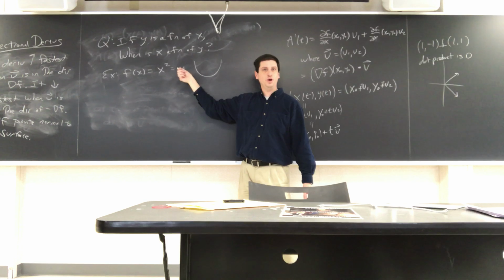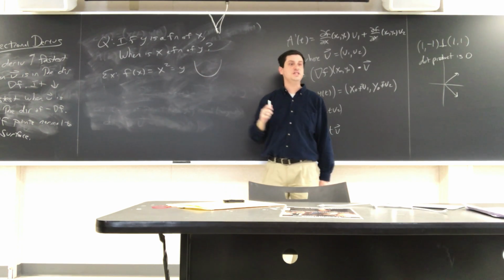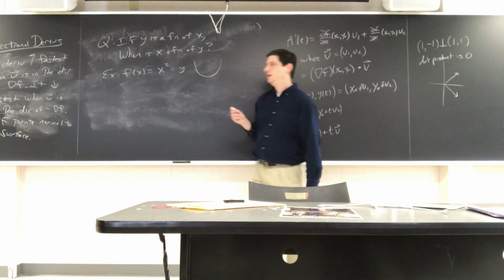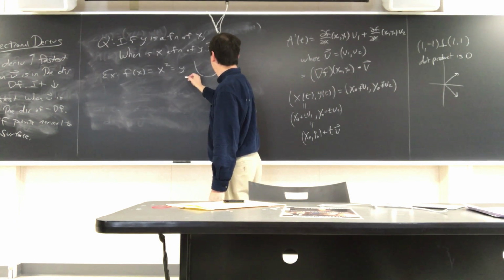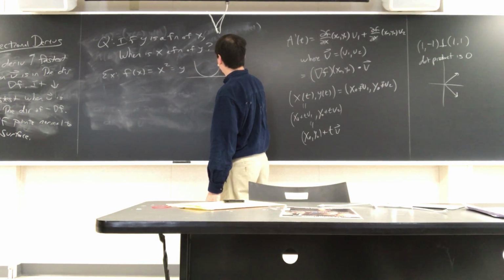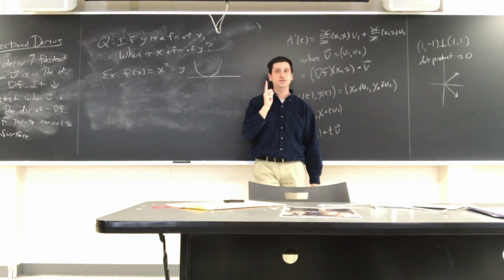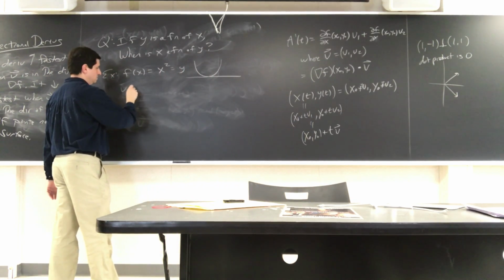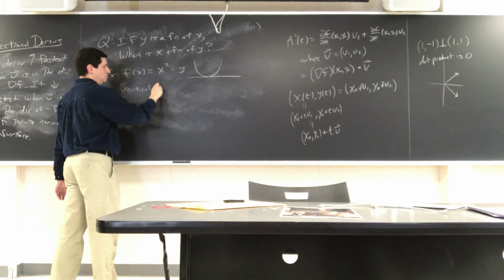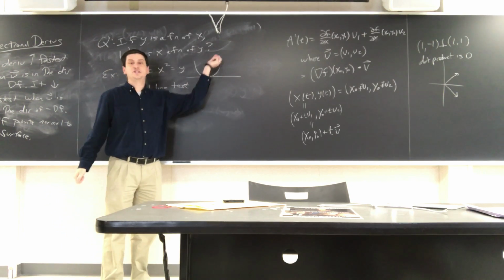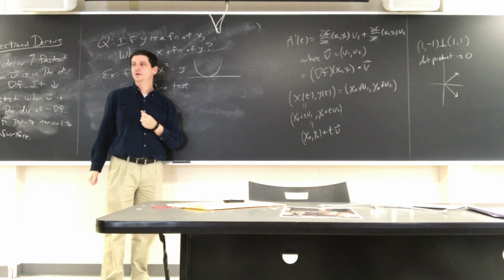This is a unique value of y. If I tell you x equals 3, y is just 9. For every value of x, there's a unique y. And it's often called the vertical line test. If I take a value of x and I go straight up, it's going to hit the curve once and only once. So this is the vertical line test. So you give me an x, there's one and only one y.